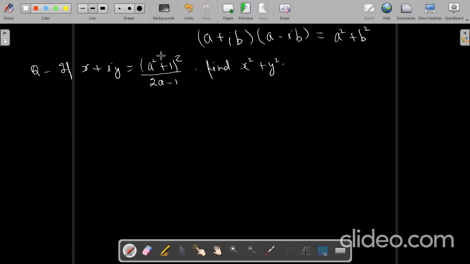Here the right hand side is a real number. There is no iota on the right hand side. So its conjugate will be the same number: x minus iota y will be equal to (a square plus 1) whole square upon 2a minus 1. Okay, got it? Let me see this question once.